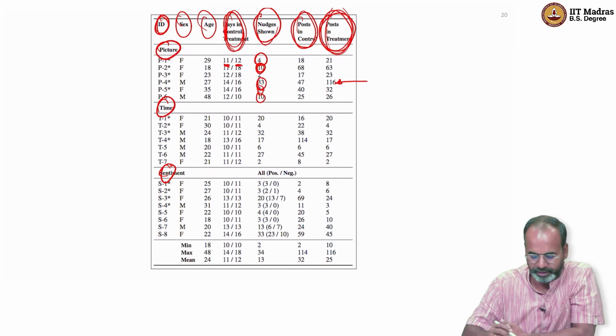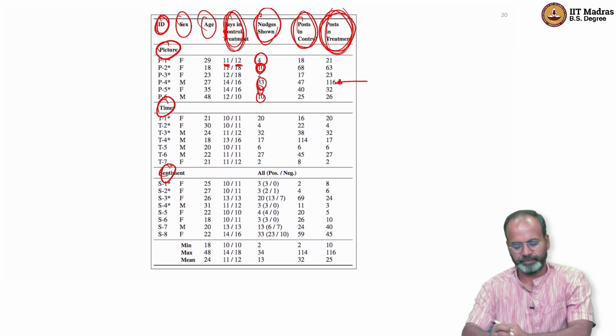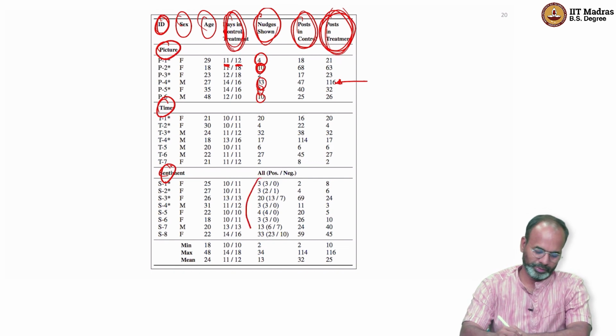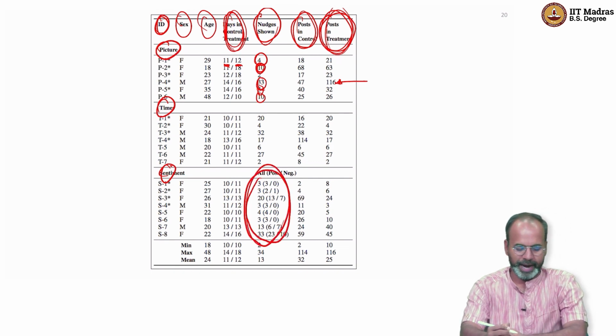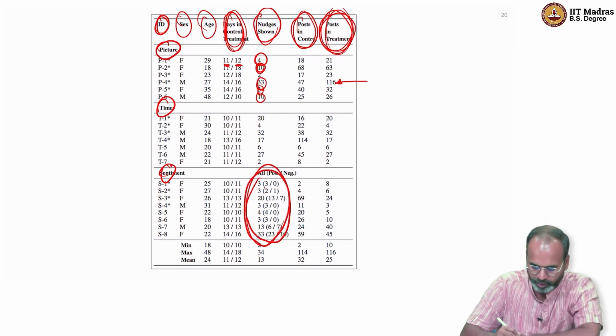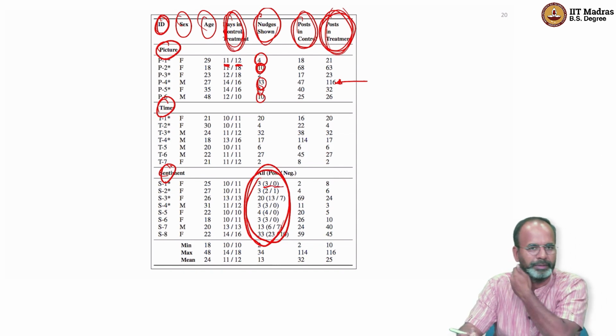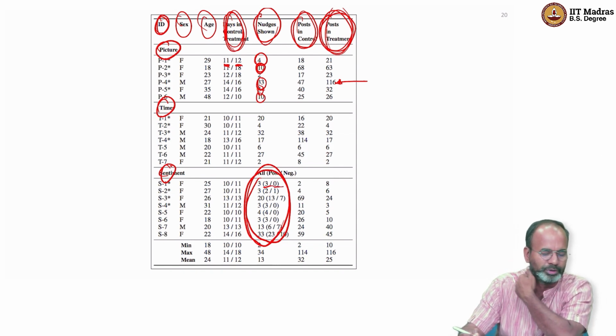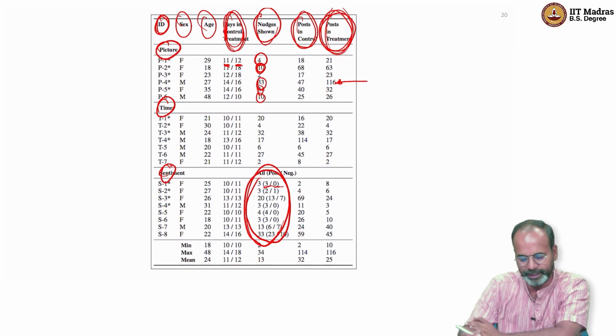Timer, same thing. Timer group and sentiment group. And in the sentiment group, one more added piece of information is positive versus negative. How many posts did they do that were positive? How many posts did they do that were negative?